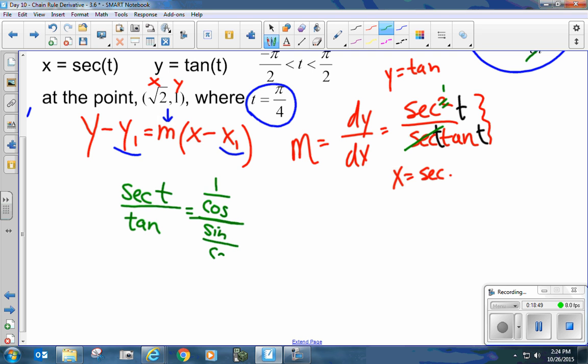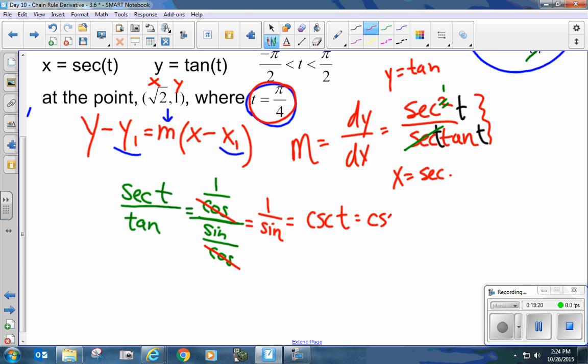Sine over cosine. Which means, what can I do here to that fraction? I can make the cosines go away. If I multiply the top and bottom by cosine, the cosines go away, don't they? Which is 1 over sine, which is what? Yes, it's cosecant. So the cosecant of t, that's my slope, where t is pi over 4.